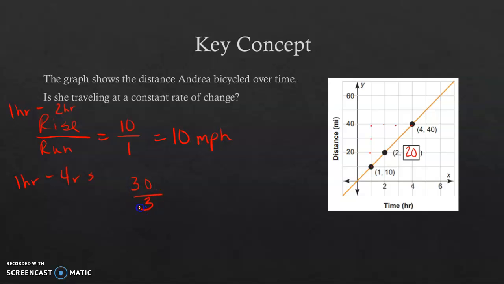So 30 and then 3. And even though it's up 3 boxes and over 3 boxes, we have to look at that interval. So our interval for each of these boxes is 10. So that's what makes this 30. And then 30 divided by 3 is 10, again, miles per hour.